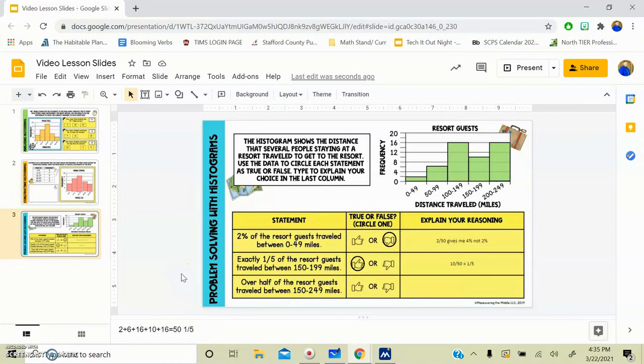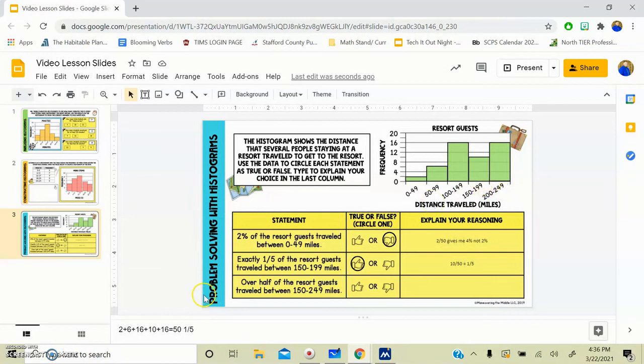Now, the last statement says over half of the resort guests traveled between 150 to 249 miles. Is that true or false? Well, let's see how many people came from that distance. What we need to do here is notice this says 150 to 249. So that's going to actually combine two of these columns or bars.